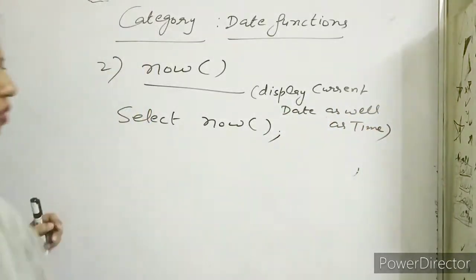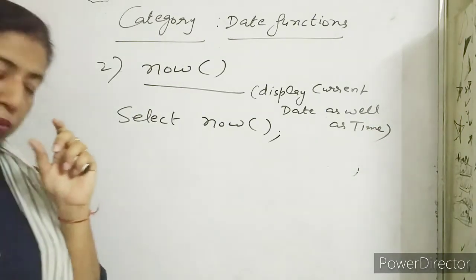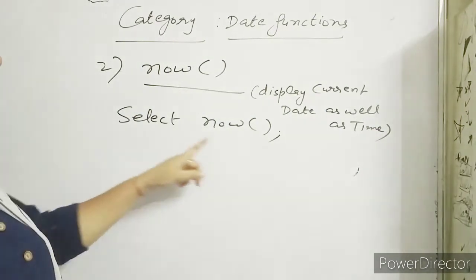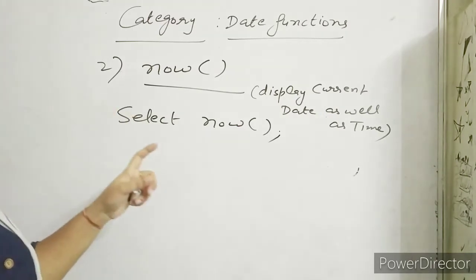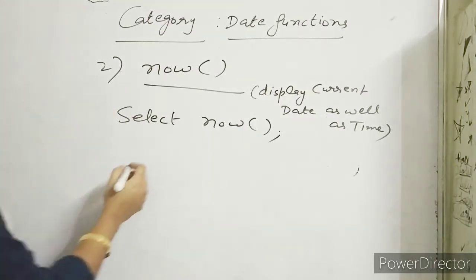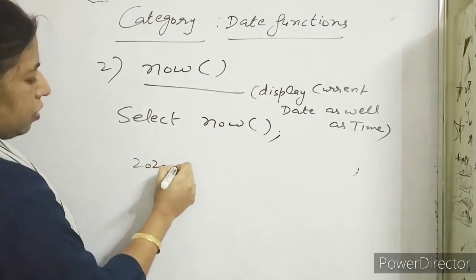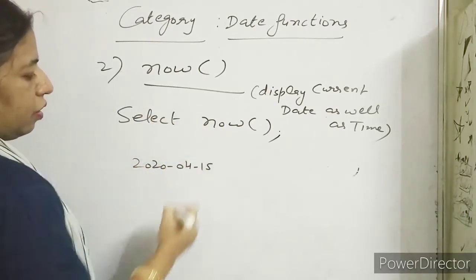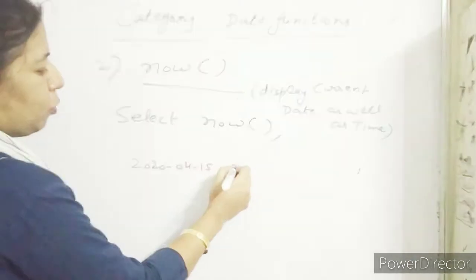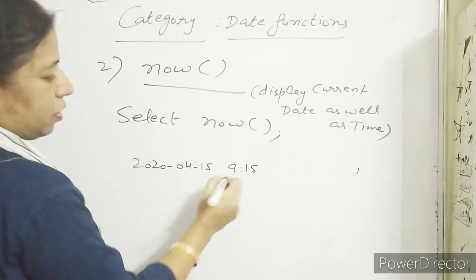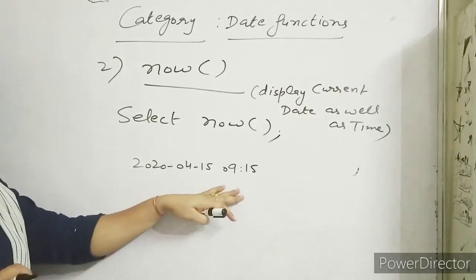Clear? Current date gives me only date, but now gives me date as well as time. Then what is the format to display? First is date, and then the time, suppose 9:15, like this. Clear? This is the format.